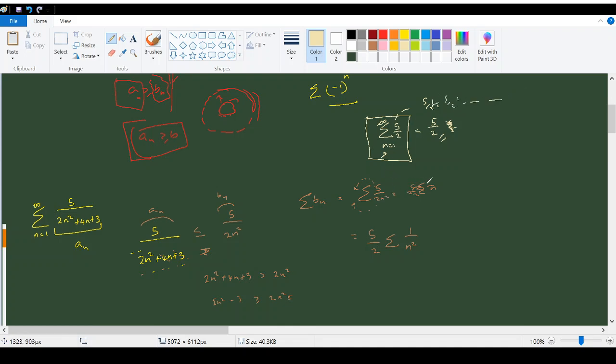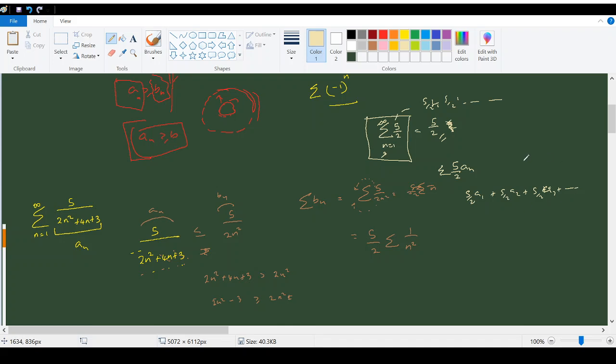And here what happens is it was something like this, right? 5 over 2 an under the sigma, right? That means you have a sequence of 5 over 2 a1 plus 5 over 2 a2 plus 5 over 2 a3. Likewise, these terms are added together.